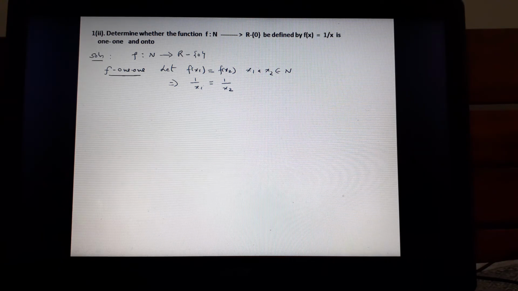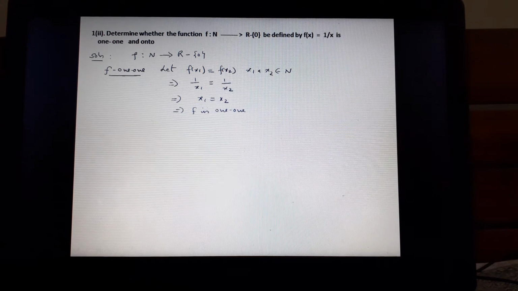And remember 1 by x1 definitely will be here because R minus 0 contains all the reciprocals of natural numbers also. So now this implies x1 equal to x2. Definitely f is one-one.